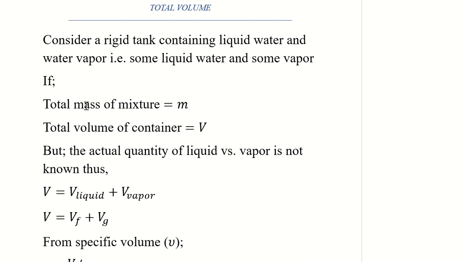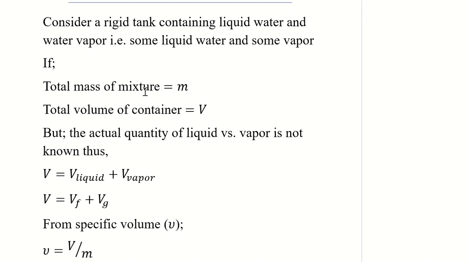These are the conditions you state before you derive the whole formula of specific volume. So, if the total mass of the mixture is equal to M, and the total volume of the container is equal to V. This is the condition you first want to assume: consider a tank containing liquid water and water vapor, i.e. some liquid water and some vapor.